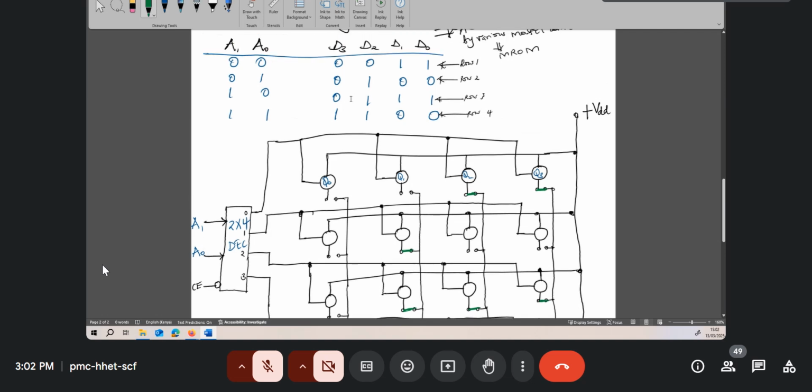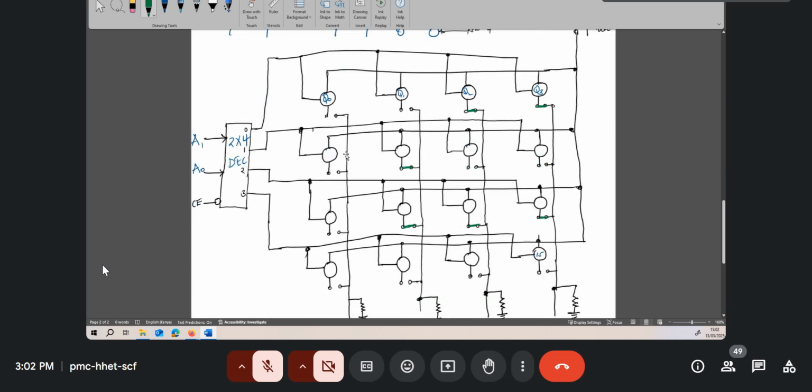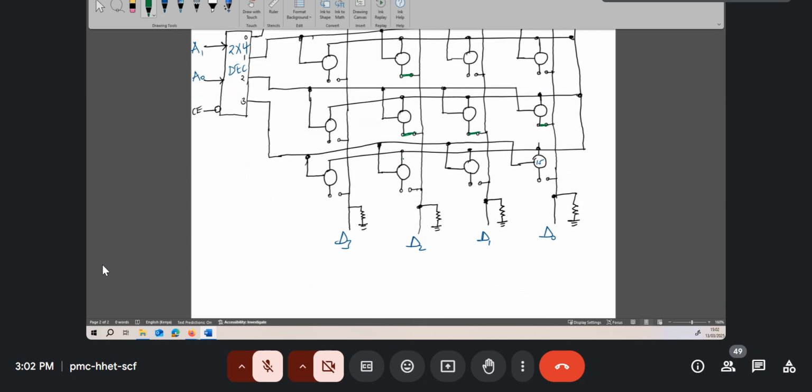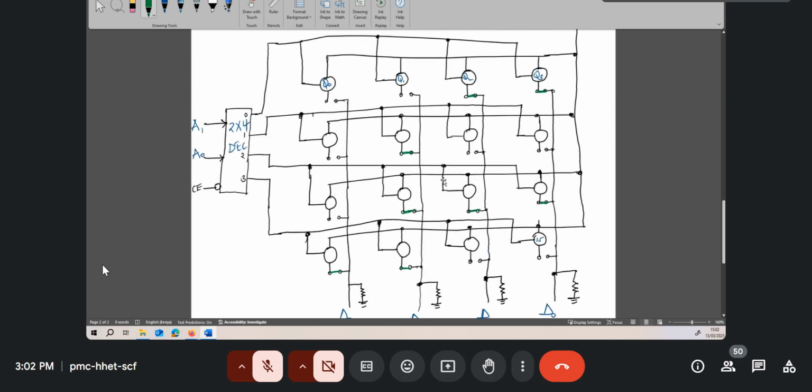Then finally, memory location 4, we want to store 1, 1. And that's it. So this memory location stores 0, 0, 1, 1. This stores 0, 1, 0, 0. This stores 0, 1, 1, 1. And this memory location stores 1, 1, 0, 0.